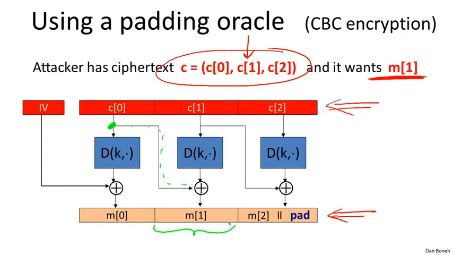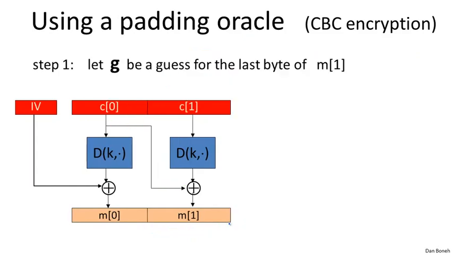So here's what he's going to do. First of all, he's going to throw away C2 so that the last block really is just C1, which is the one he's interested in decrypting. Now let's suppose that he has a certain guess G for the last byte of M1. G is a value between 0 and 255. What the attacker will do is the following.